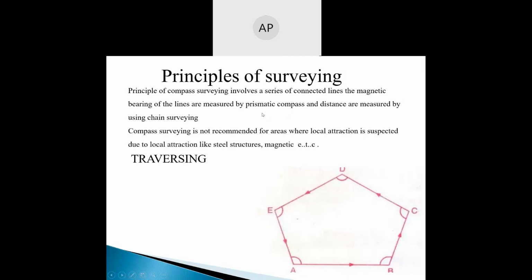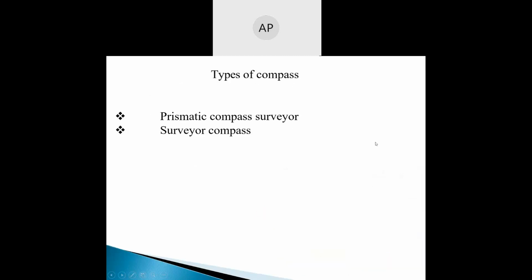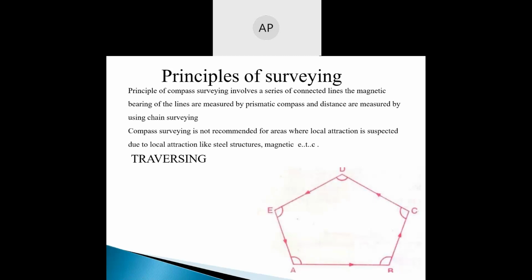Prismatic compass, and the distance is measured using chain survey. Compass surveying is not recommended for areas where local attraction is suspected. I will tell you later what is local attraction.